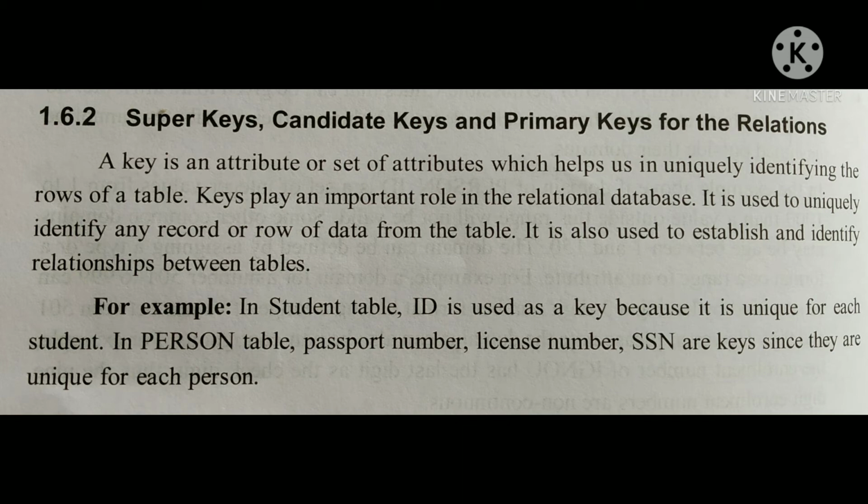Second definition is the relation instance or relational state. A relation state or relational instance is as follows. A relation instance, denoted by small r, is a collection of tuples for a given relational schema at a specific point of time.